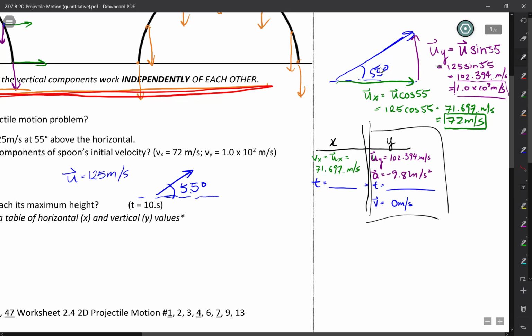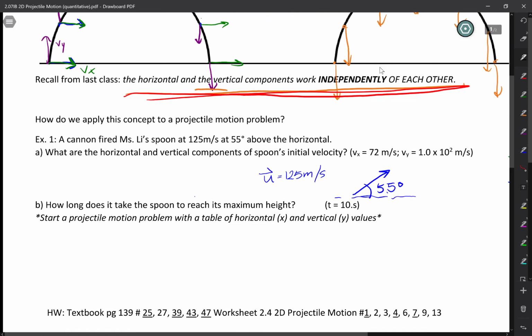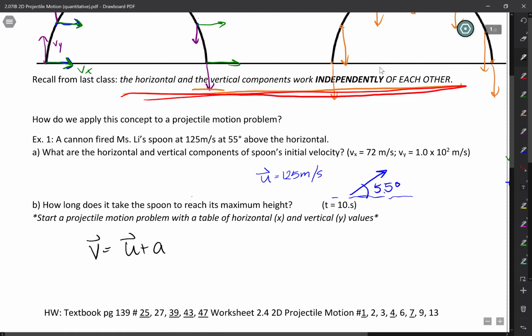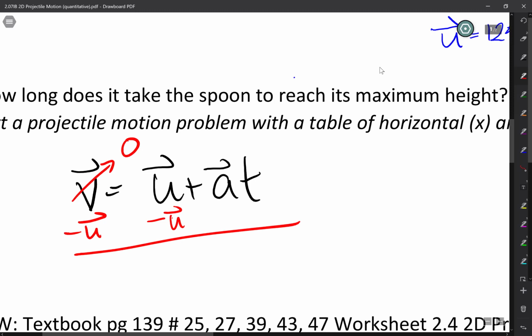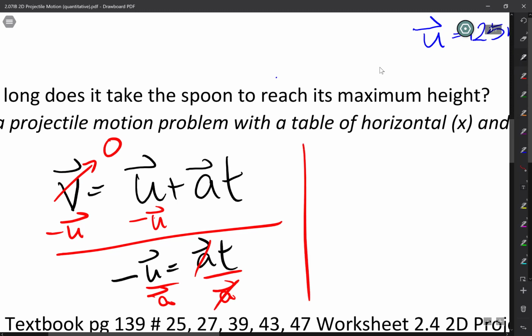As I'm writing out my kinematics equation, I look at my table, and the one that uses all 4 of these values is this one. And I'm going to solve for time. And v is 0, of course, so I can just move this to the other side, which gives me negative u equals at, then divide both sides by a. I get t is equal to negative u over a.